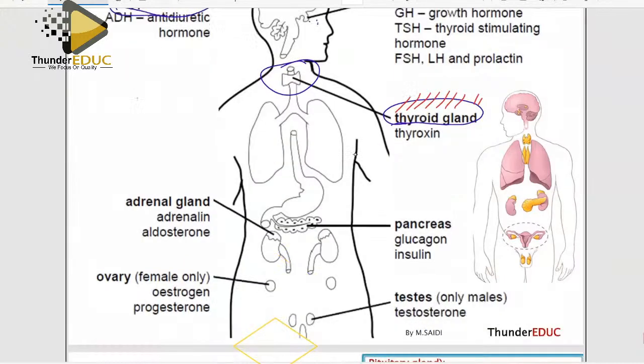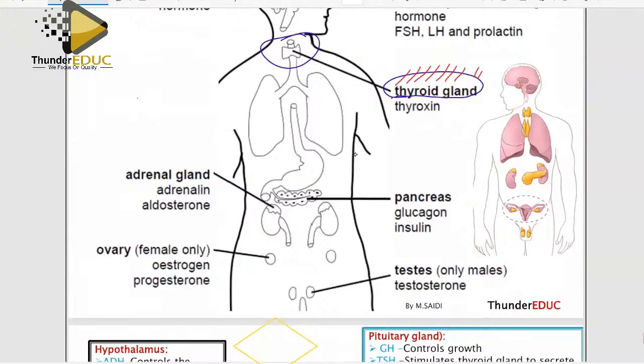The second gland, we know about the pancreas. You cannot say that you have never heard about the pancreas. We studied it in grade 11. It looks like a banana or a leaf, whatever you want to say. We have another one which we call the adrenal gland. We talked about how in an emergency situation, you produce a hormone called adrenaline.